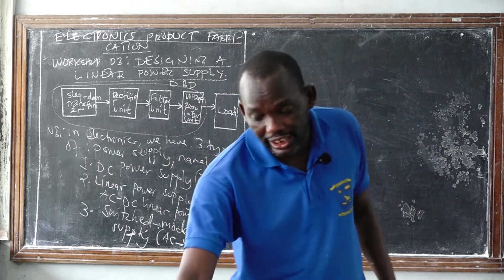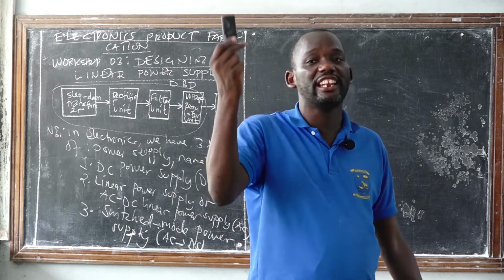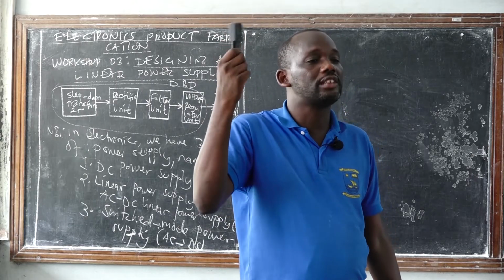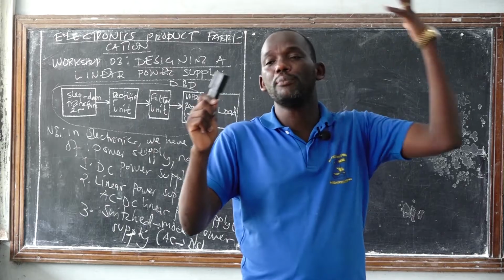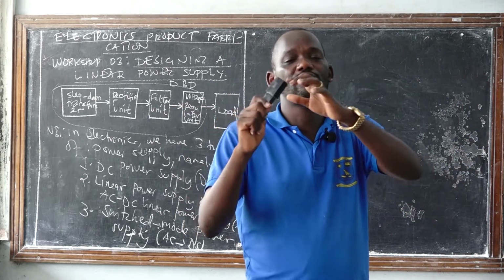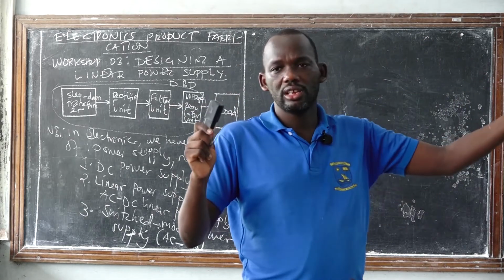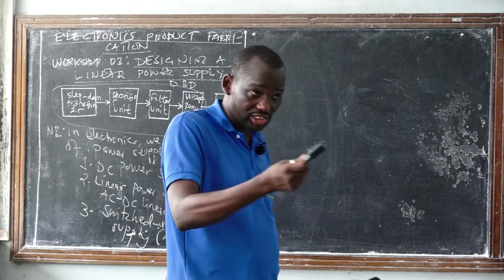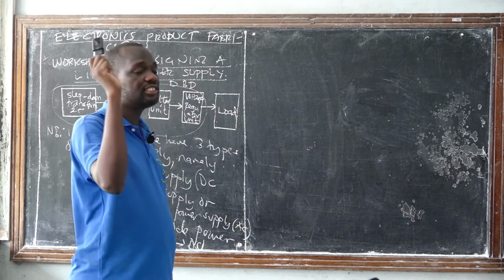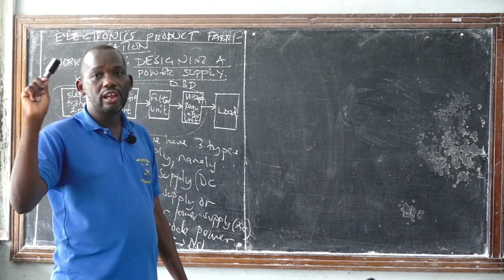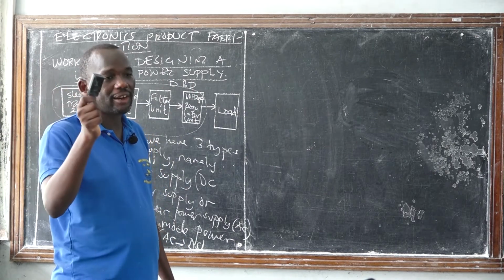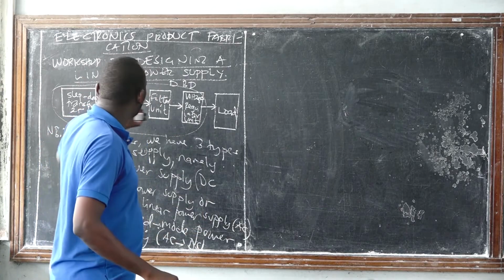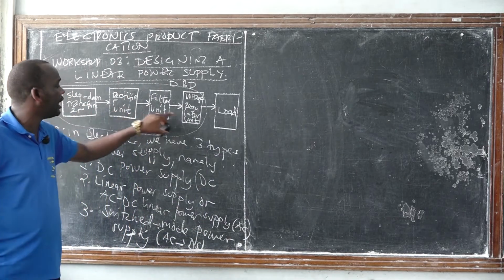Even if you take a mobile adapter like this one, it is all about supplying power. The USB cable is just transferring power from here to the load. If we say that within this head of the mobile charger there is a linear power supply, then this would represent blocks number 1, 2, 3, and 4.